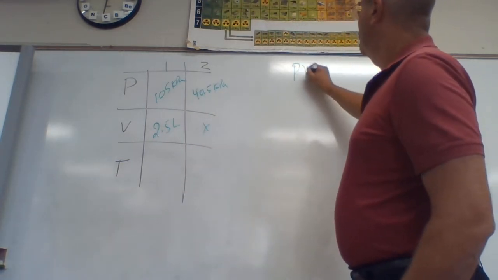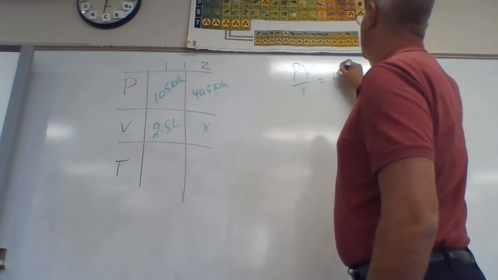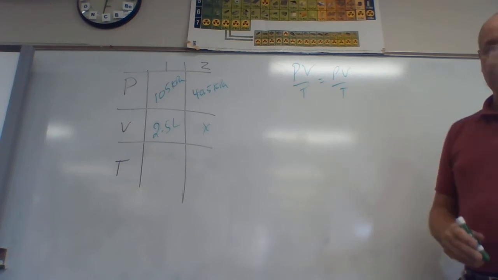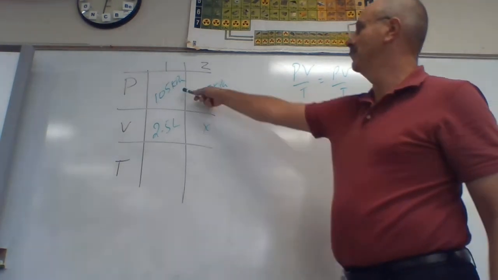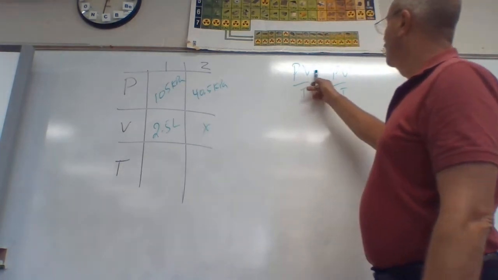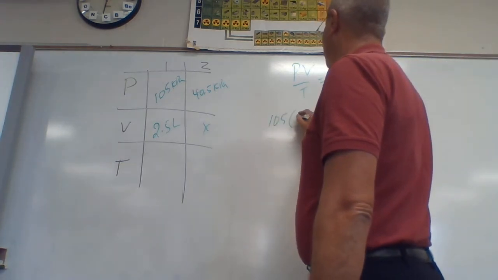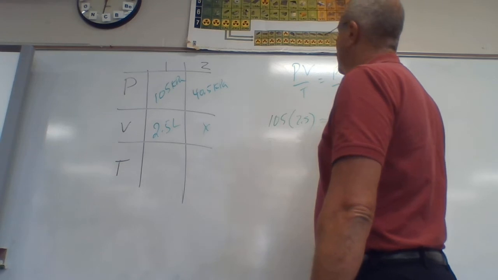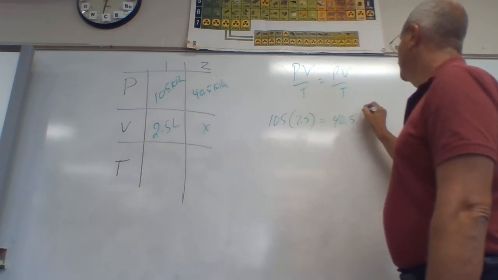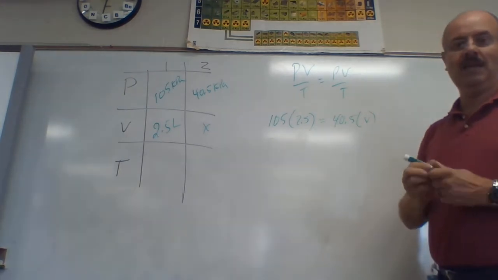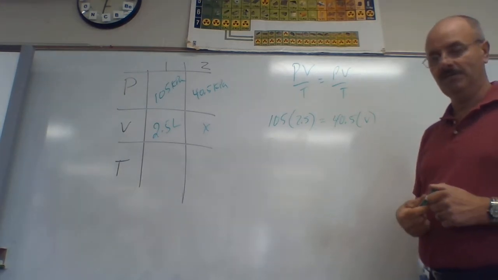I'm going to leave up here PV over T equals PV over T. Which one am I going to use? I'm just using P and V, so I'm only using the top ones. So I'm going to have 105 times 2.5 equals 40.5 times V. I can leave T off because T stays the same. So I'm really using Boyle's law in this one.